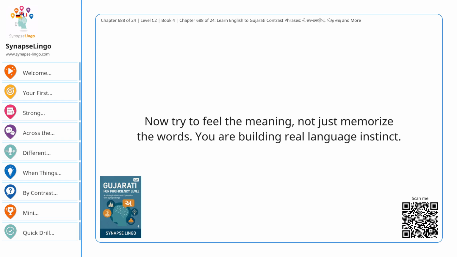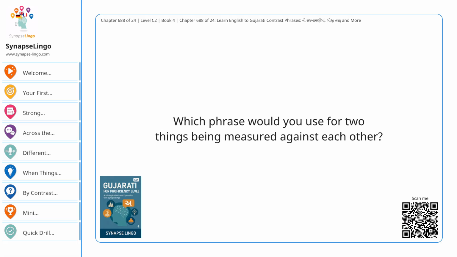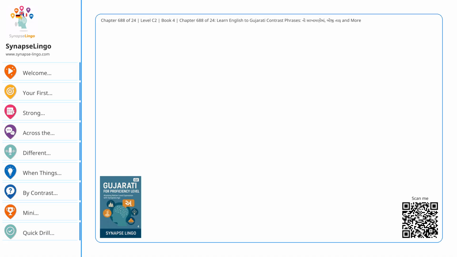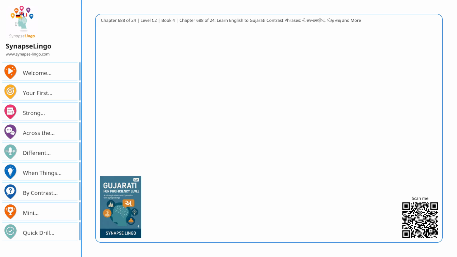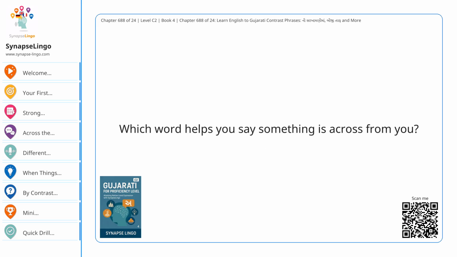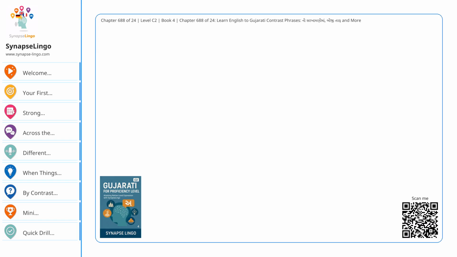Challenge round. Now try to feel the meaning, not just memorize the words. You are building real language instinct. Which phrase would you use for two things being measured against each other? ની સરખામણીમાં. Which phrase shows stronger opposition or contrast? વિપરીત. Which word helps you say something is across from you? સામે.